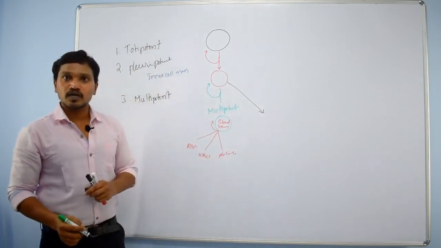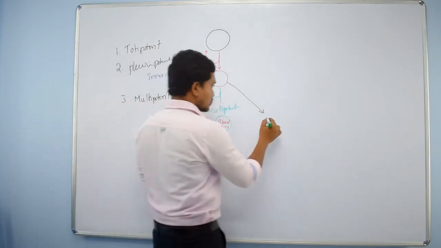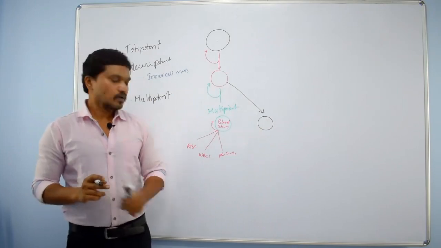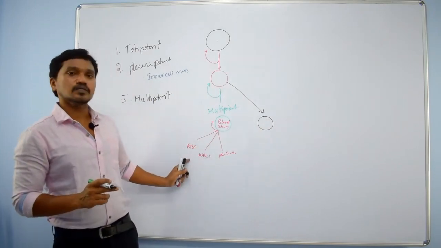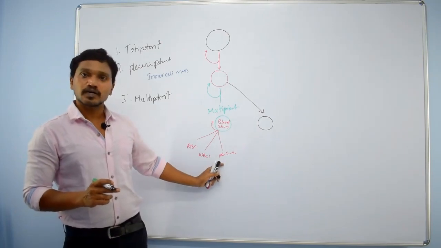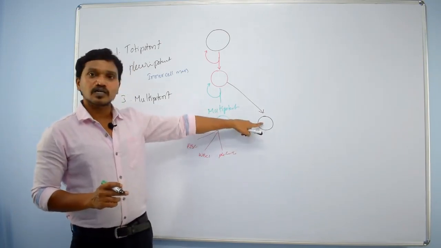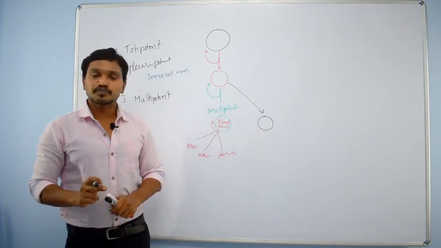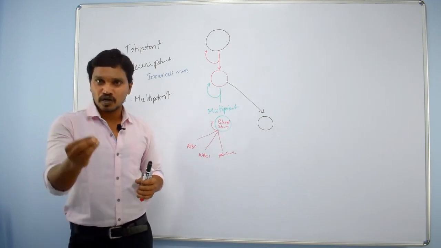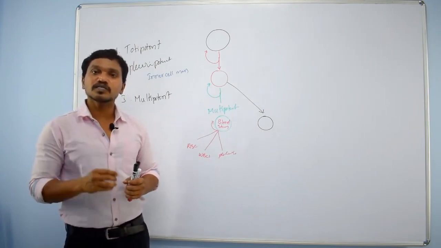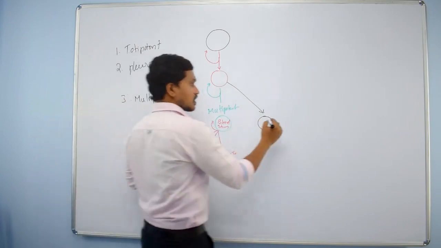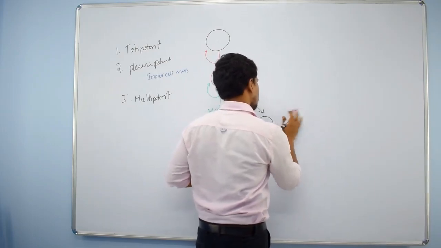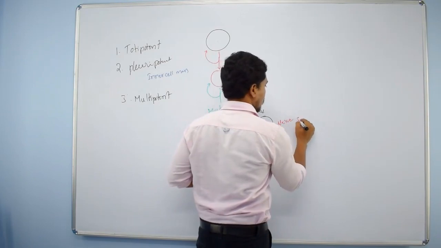Now from this cell there will be another type of cell that we call unipotent cells. Unipotent cells means they are committed to produce only one type of cell. Not like this one, which can produce RBCs, WBCs and platelets. Unipotent cells are committed to a single type of cell. Take an example, neuroepithelial cells, that means neuroblasts, the nerve stem cells.